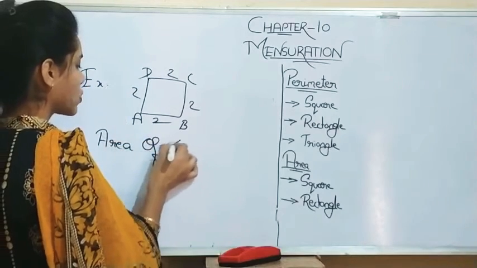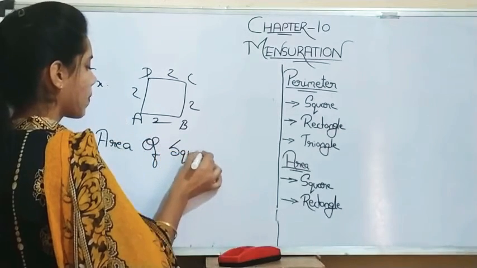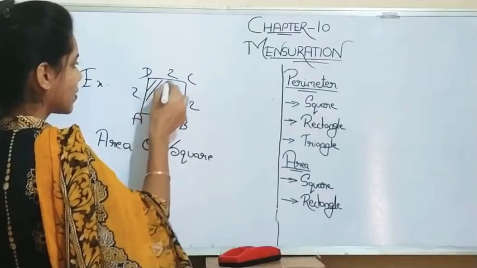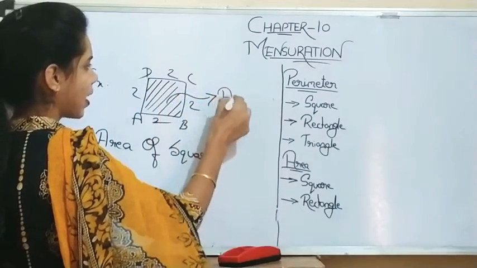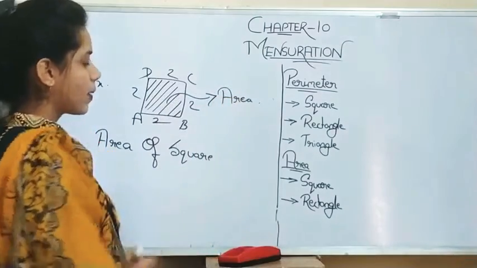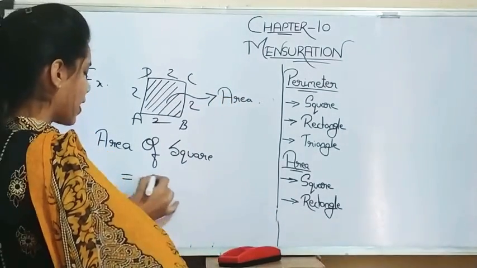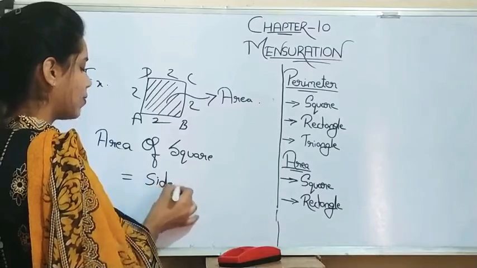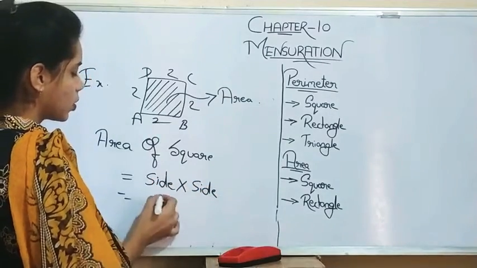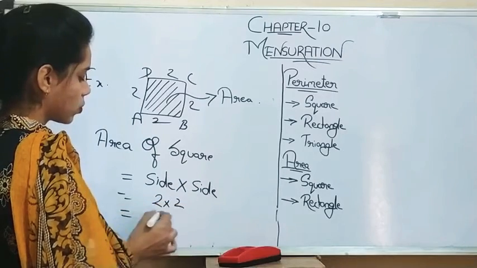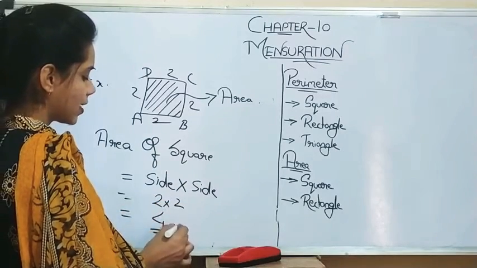Area of a square means this region. This will be the area. The formula is side multiplied by side. So what are the sides given? 2 multiplied by 2. So 2 2s are 4 centimeter.